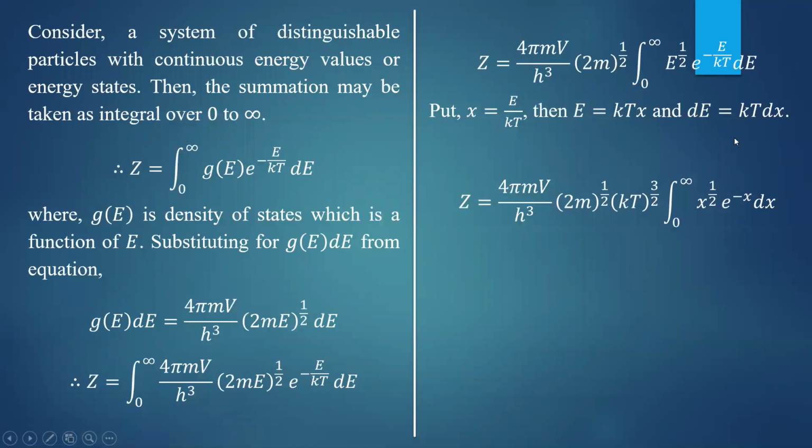So totally there will be kt into kt to the power half. So it will become kt to the power 3 by 2. Okay, so kt into square root of kt, that will be equal to kt to the power 3 by 2. Instead of e to the power half, we have x to the power half. Then e to the power minus x into dx.